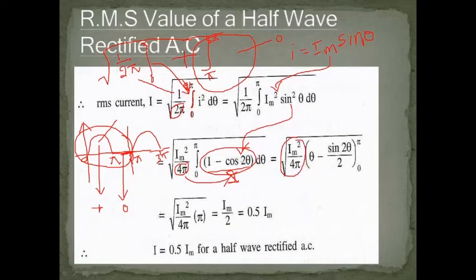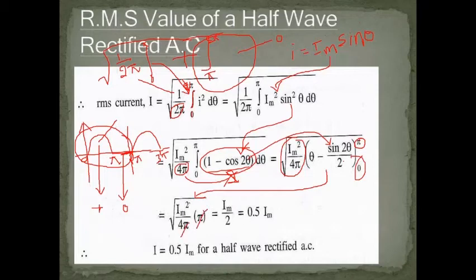The integration of 1 with respect to theta is theta. Cos 2 theta is integrated as sin 2 theta upon 2. By substituting the upper and lower limits, this equation will turn into Im square upon 4 pi into pi. So this pi is cancelled out.